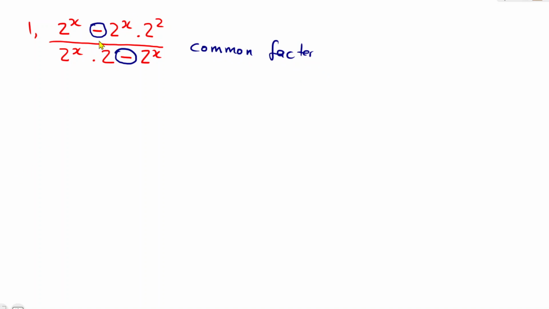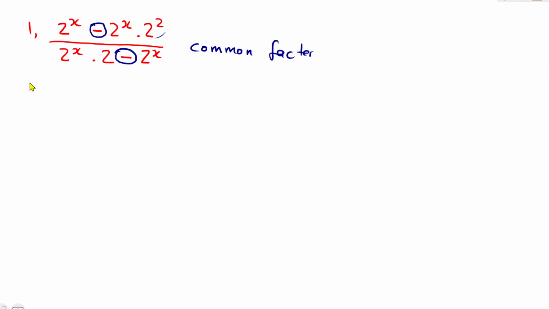If there is a plus or a subtraction between the terms, this is term 1, this is term 2. All this 2 to the power of x times 2 to the power of 2 is one term. Also on your denominator, this 2 to the power of x multiplied by 2 is one term. This 2 to the power of x is one term. Now we have to take out a common factor. Let's look for a common factor.